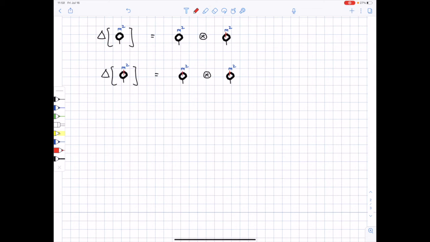And this is true as well. Now, a cut propagator, when it appears on the left, is cut on the right. It was already cut, so it's just still cut.